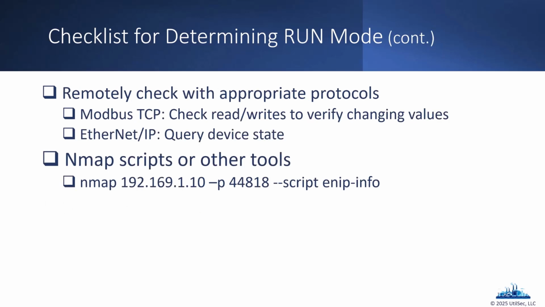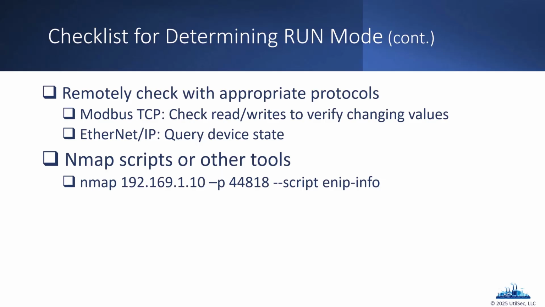So here's a couple of common ways that we can remotely check, and we'll walk through these examples. I mentioned with an unauthenticated protocol like Modbus, you could connect to that controller, and if it stores its run mode as a data point, we could read that coil, that register, to determine whether it's in run mode or what mode it's in.